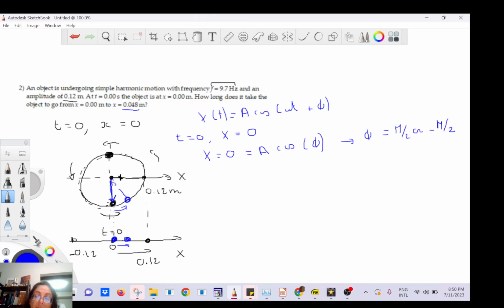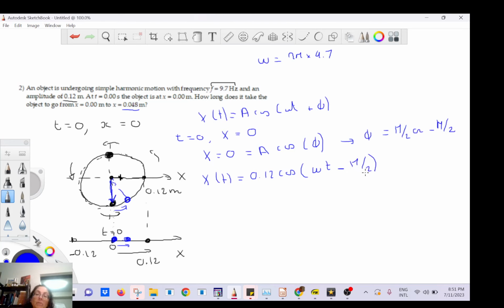And since I have decided that it's going to be here, then it's going to be negative pi over 2. So my displacement equals 0.12 cosine omega t minus pi over 2, where omega equals 2 pi times 9.7.